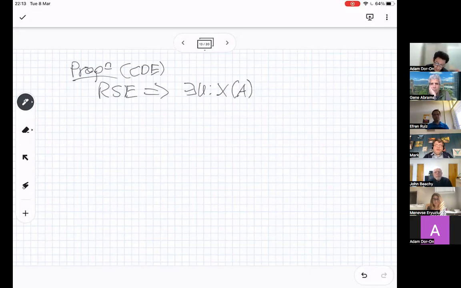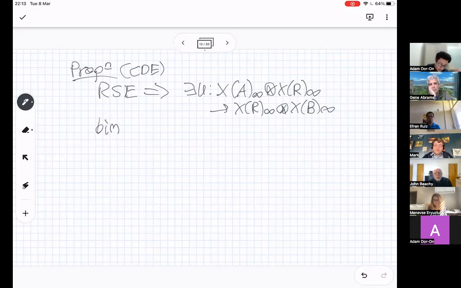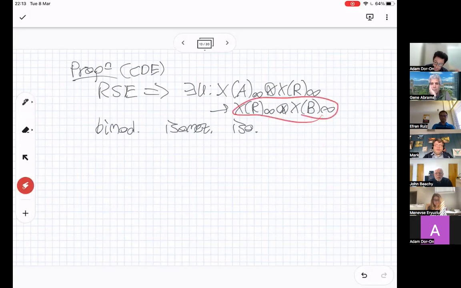And it's going to go from X_A infinity tensor X_R infinity into X_R infinity tensor X_B infinity. So this is, I'm going to say, a bimodule isometric isomorphism. If it's an isometry, it's automatically inner product preserving, so you don't have to worry about inner products. Okay? All right, so this is some closure. Of course, the tensor product here is an internal tensor product.